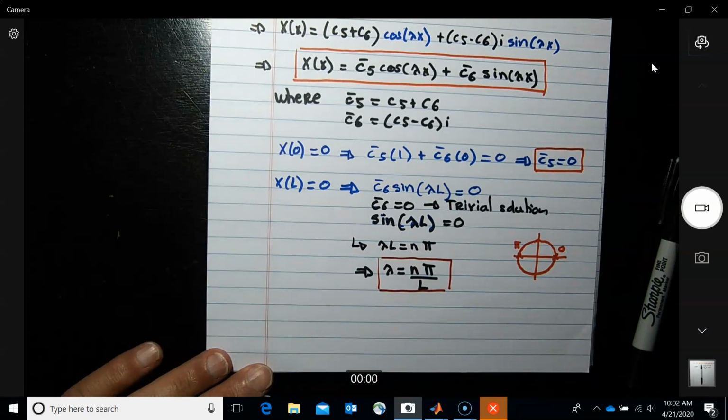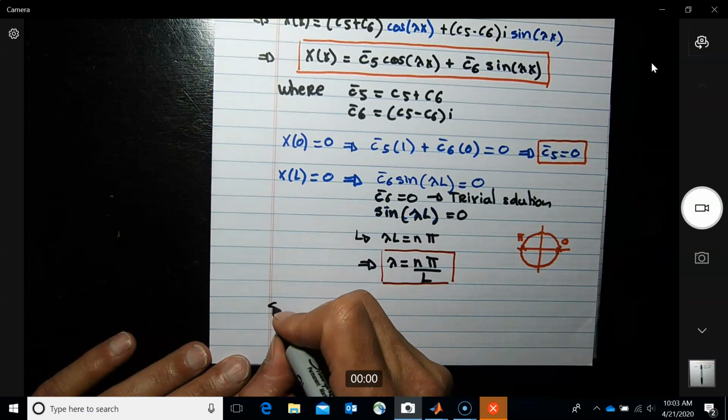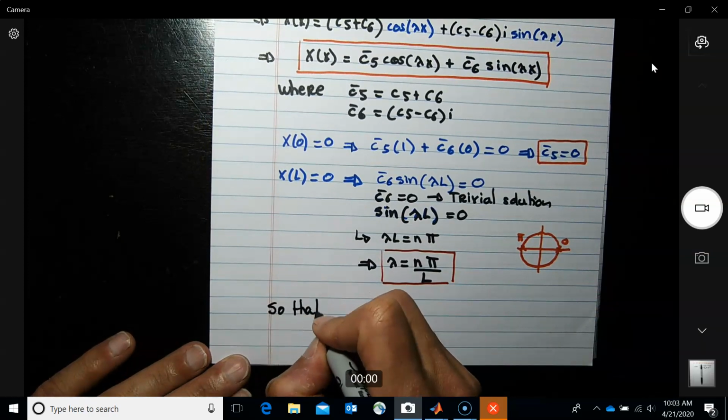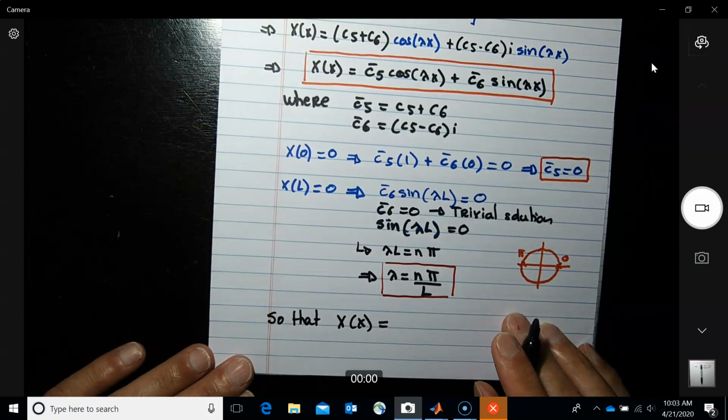So what does that mean for the solutions? We're going to have X of x equal to what?